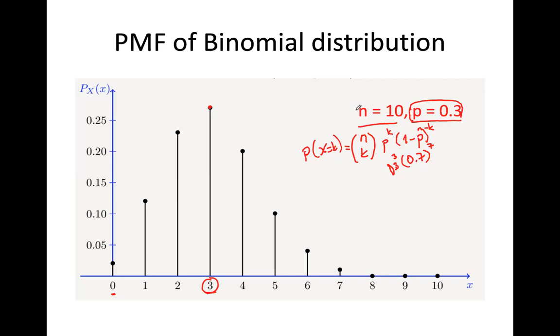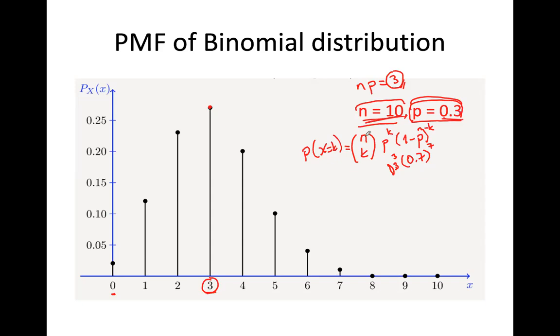so you see n times p will have the highest probability. 3 will have the highest probability because like 30% of the time I will have heads. That means out of 10 flips, I should have 3 flips on average.